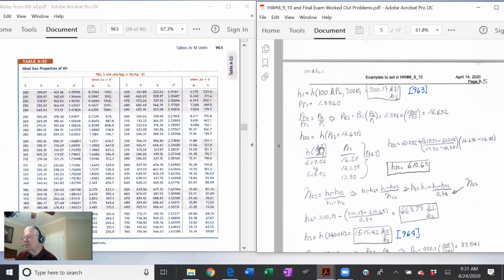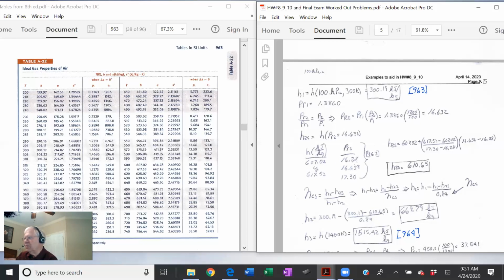So we set up us a little mini calculation table, and we're gonna have to interpolate. So we have H on the left and PR2 on the right. It falls between, and you don't have to do this. I just do this to make it clear. I always do it. I find this very helpful. If you can do it in your head, fine, but I think you'll do better making your little mini table. And all comes from page 963. So here's the PR2.